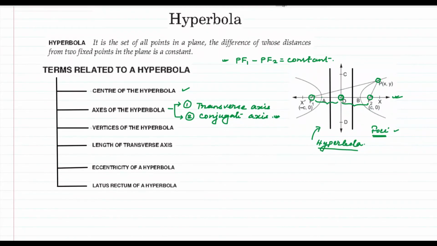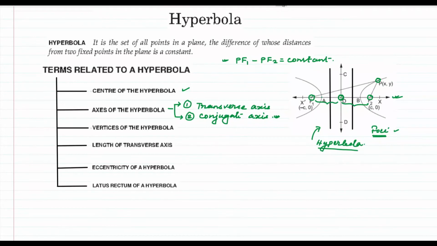What are the vertices of a hyperbola? The points A and B are called the vertices of the hyperbola, where the curves meet the joining line of the foci.